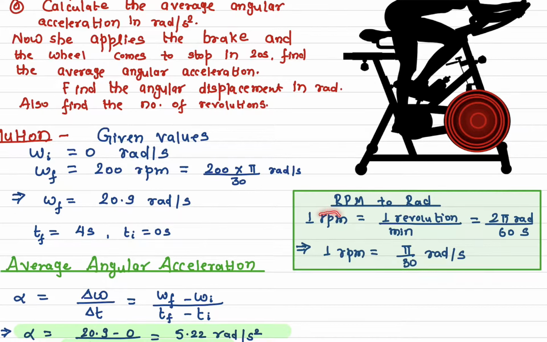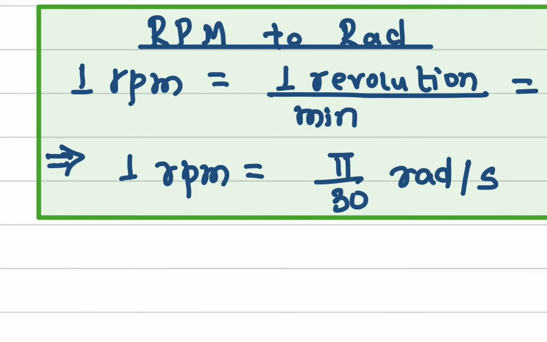One revolution means one complete cycle, which has an angle of 2 pi, or 360 degrees. So one revolution is 2 pi radians, and 1 minute is 60 seconds. 2 over 60 gives you 30 here. So one revolution per minute is pi over 30 radians per second.